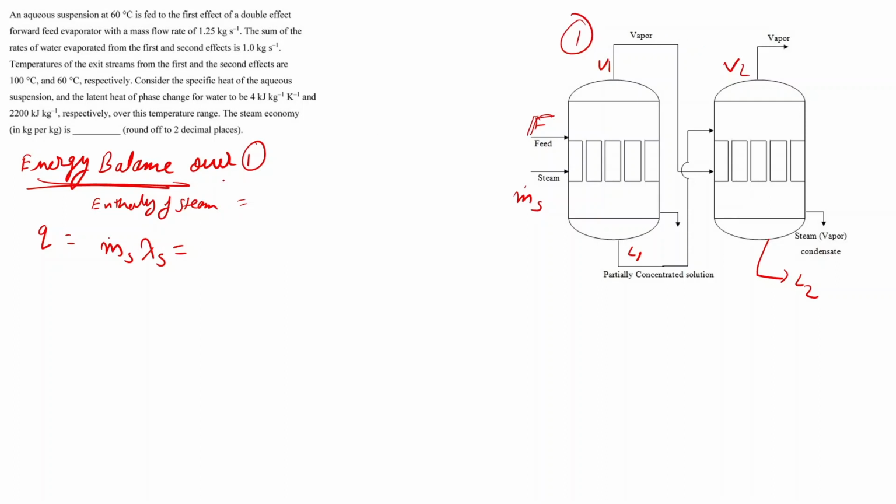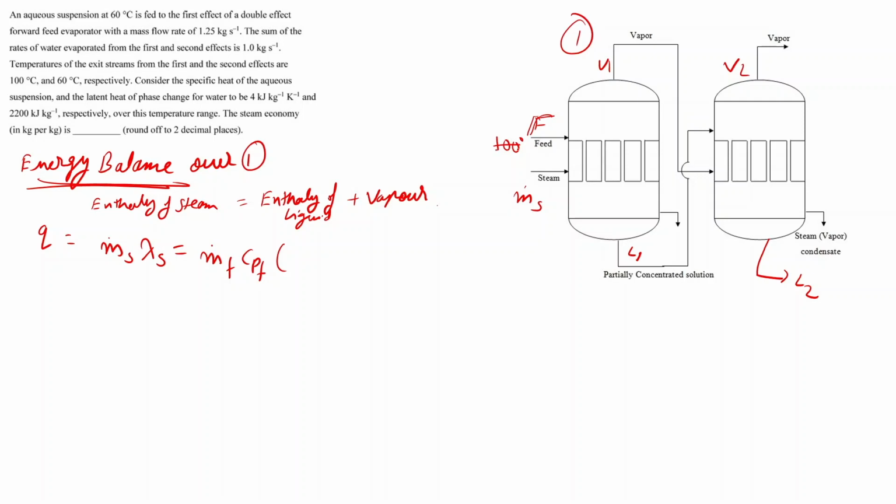So we can write it as the enthalpy of liquid plus vapor: the mass flow rate of feed times Cp of feed times the temperature change of the feed, where the inlet temperature was 100 degrees Celsius.